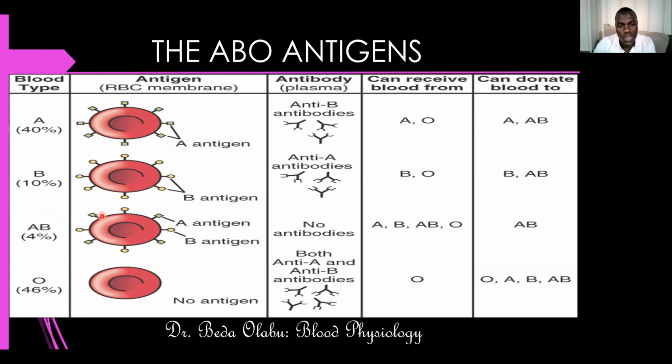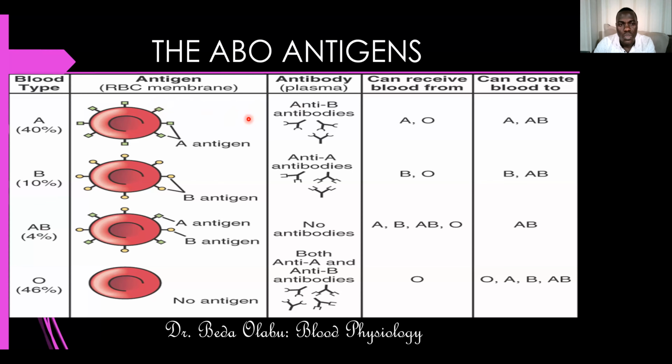Something that is worth noting is that if someone is blood group A, it means that they have the A antigens. They will not have the antibodies against A, but they will be having antibodies against B.